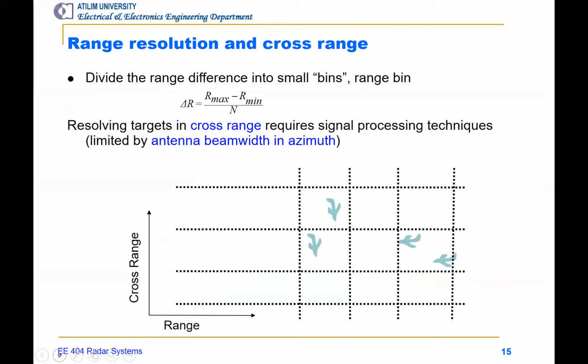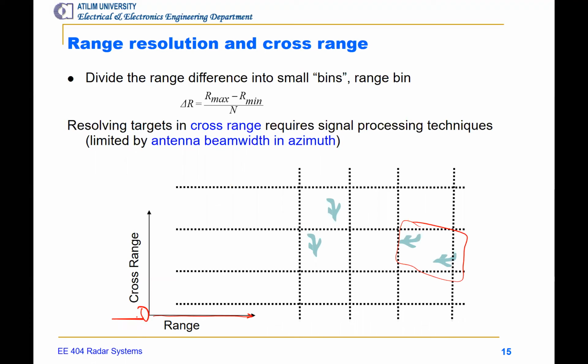Range resolution and cross range. Okay, in this slide, you see there is a picture. From the picture, you can see the range and cross range axes. Here is the range axis. You see two targets are closing to the radar.